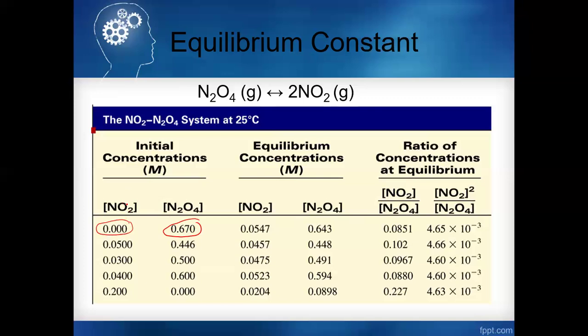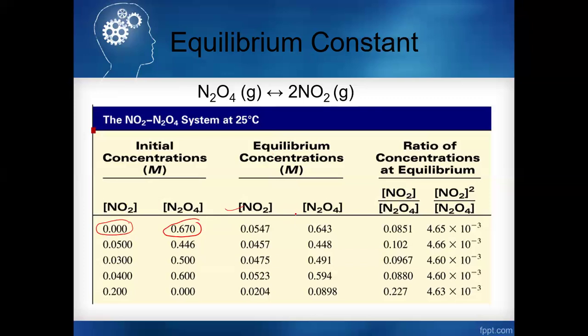At time 0 seconds, the product is 0 and the reactant is 0.670. Now, time goes by, the reactants are being used up, the products are being formed. The concentration of the product starts to increase, starts to increase, starts to increase.